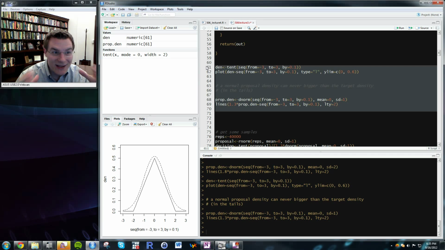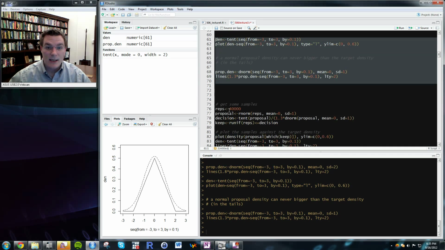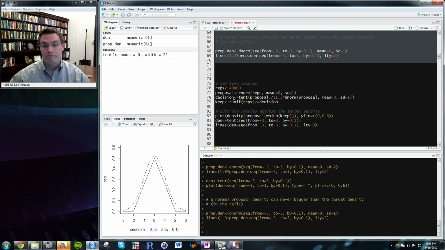So what we really ideally want is a proposal density that's very tightly matched to the target density. This is not exactly an exact match. There's a gap between the proposal and the target, and there are some gaps here in the tails too, but it's far from terrible. And as you can see, it's actually going to work just fine.